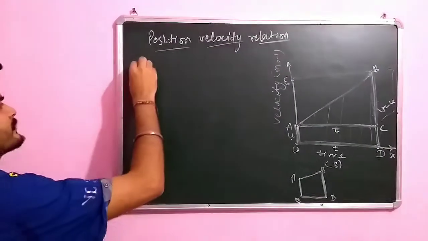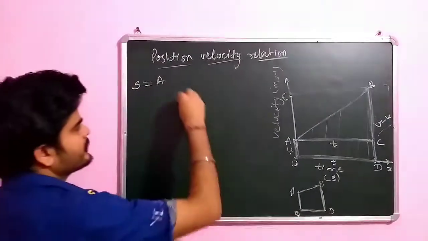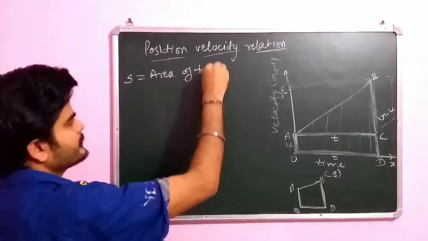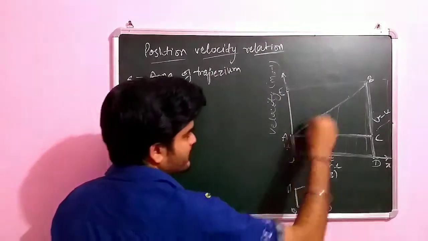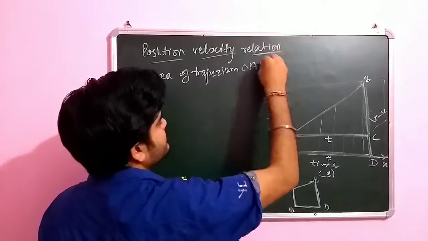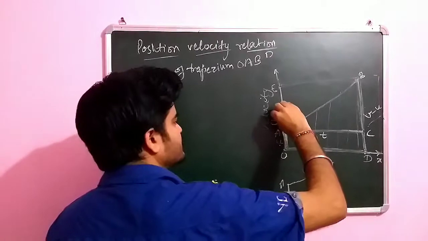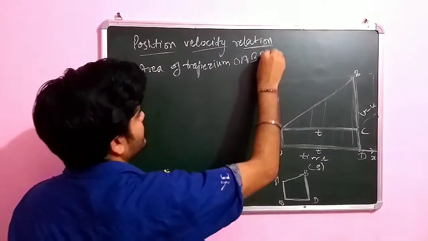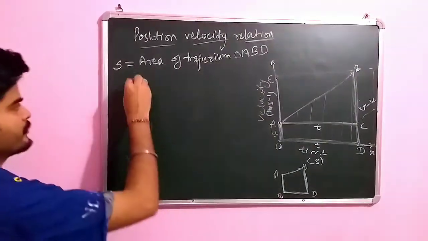So let us find out: S will be equal to the area of trapezium OABD. This was the unit of velocity, meter per second. What is the formula of area of trapezium?